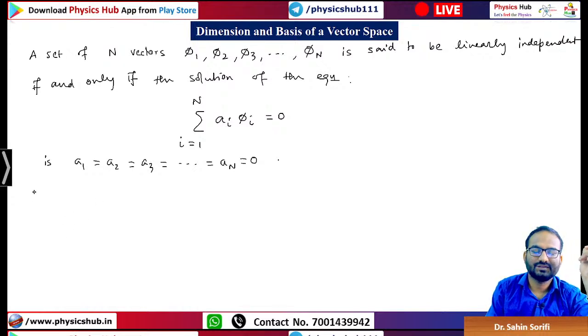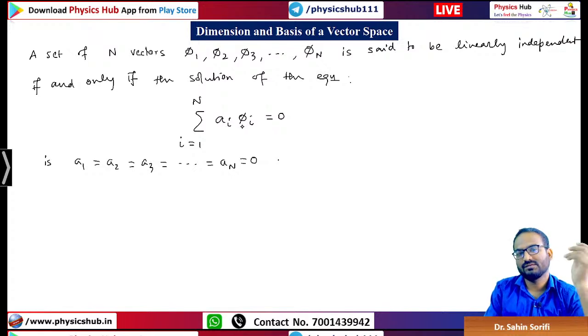But you see here how many scalars are there? a1, a2, a3 up to an. So n number of scalars are there, right? Now let's say some of them are linearly dependent, some of them are linearly independent. Then what will be there?